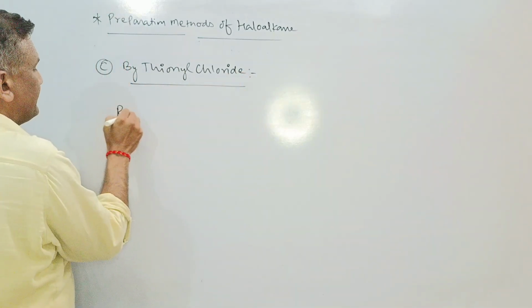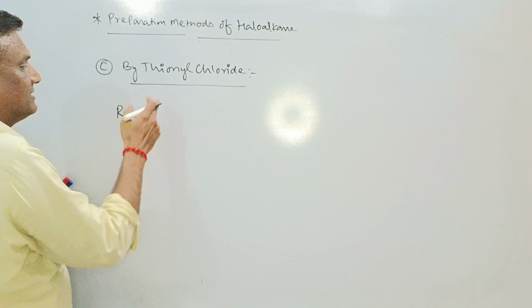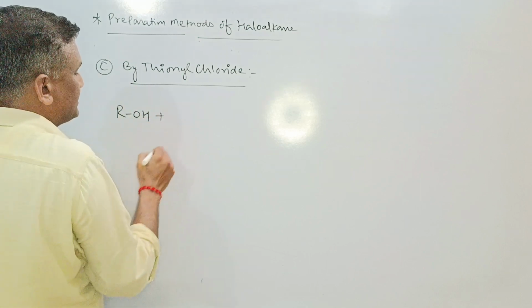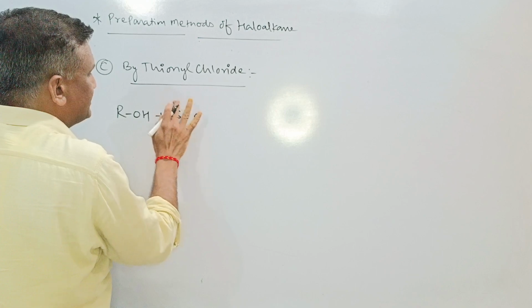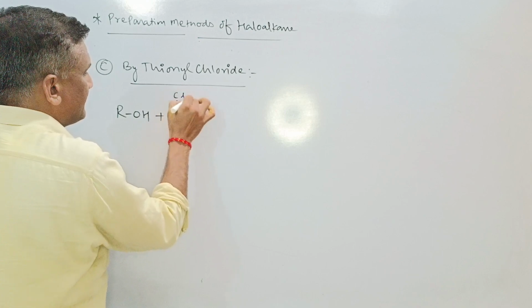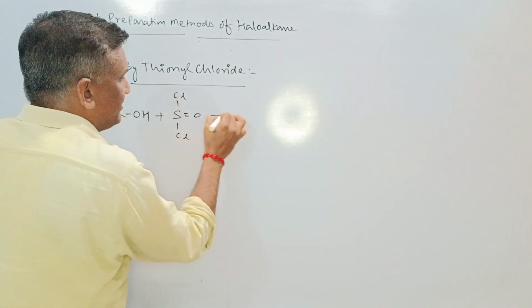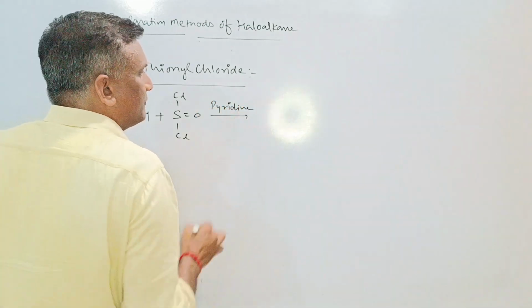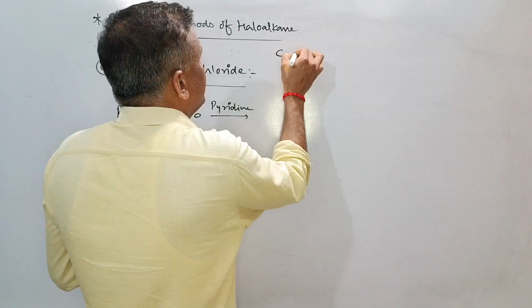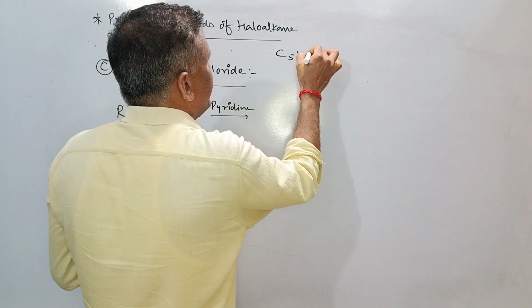Here we use alcohol, plus SOCl2, and pyridine. The formula of pyridine is C5H5N.